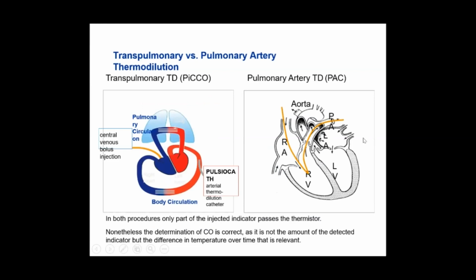So in this transpulmonary versus pulmonary artery comparison, this is the transpulmonary thermodilution, which is used by the PiCCO technology. This is the pulmonary artery thermodilution. We all know how this PAC works. So in both procedures, only part of the injected indicator passes the thermistor. Nonetheless, the determination of cardiac output is correct, because it is not the amount of the detected indicator, but the difference in temperature over time that is relevant.